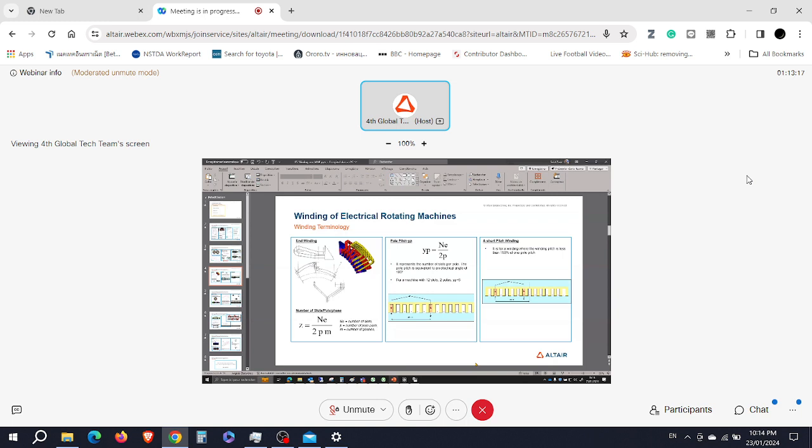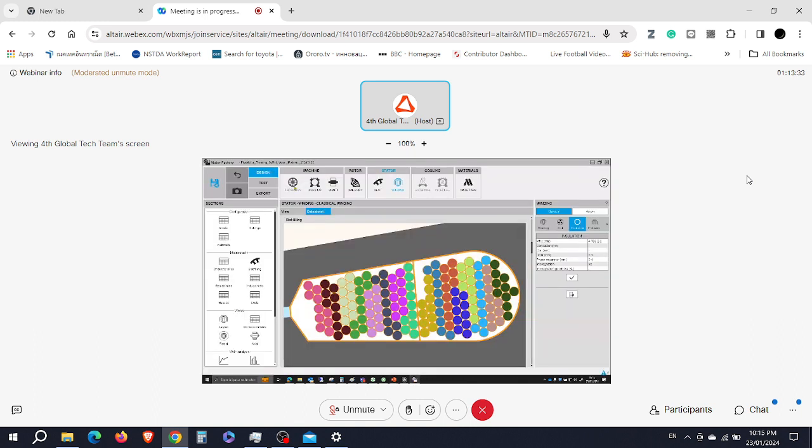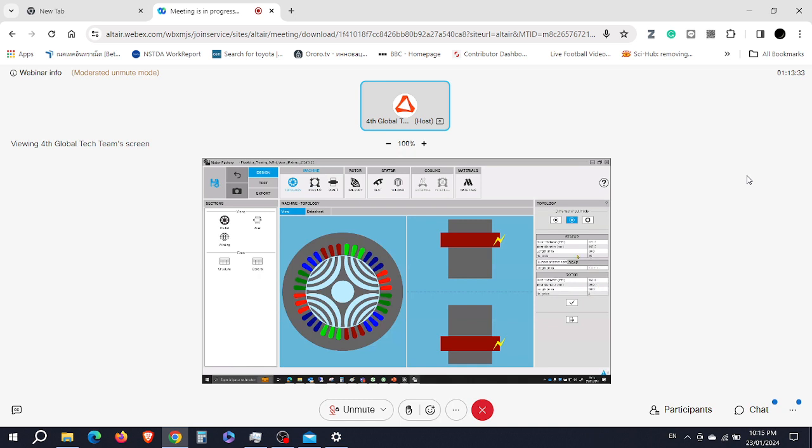Okay, so let's see other terminology now. When we talk about the number of slots per pole and per phase, Z. Here, for instance, we do have 36 slots, 3 phases, and 4 poles.